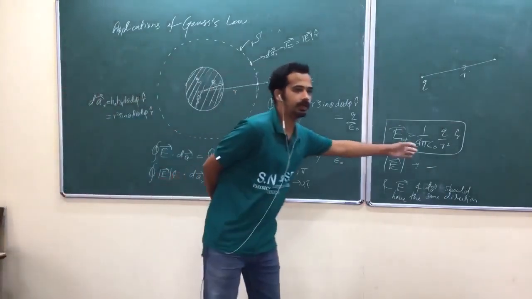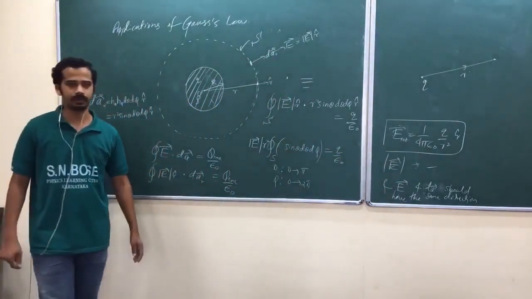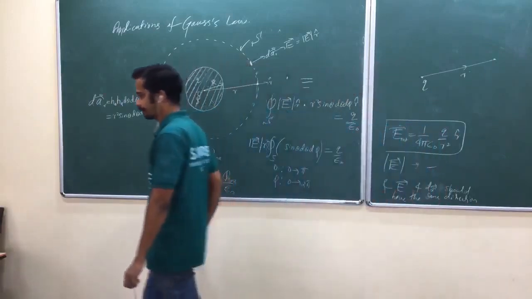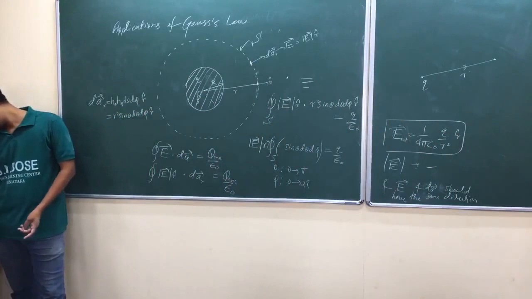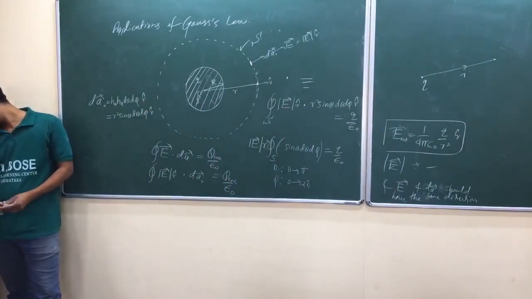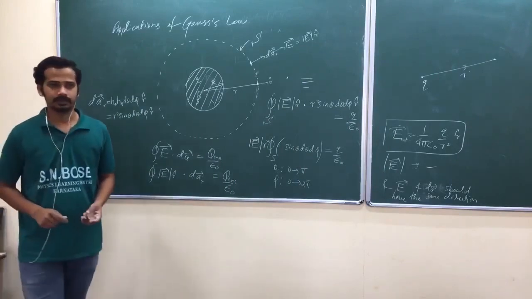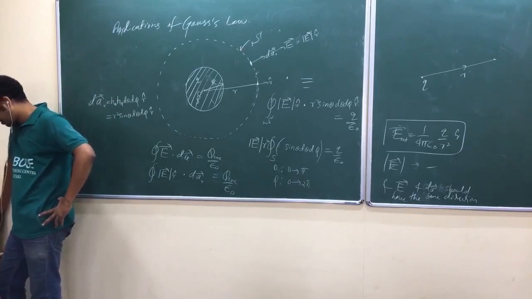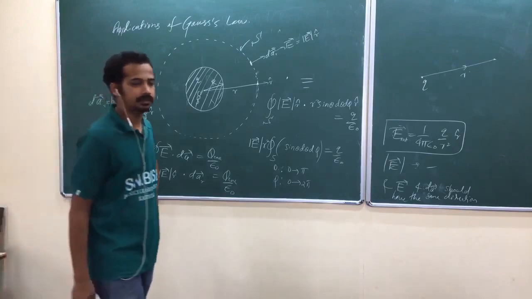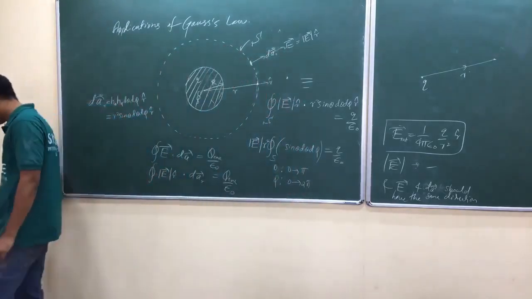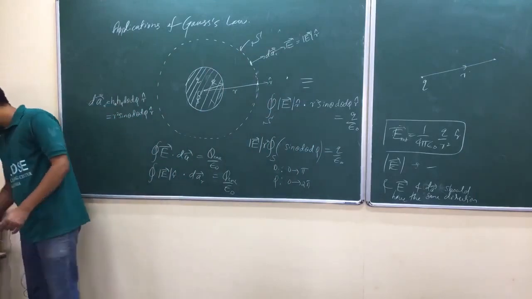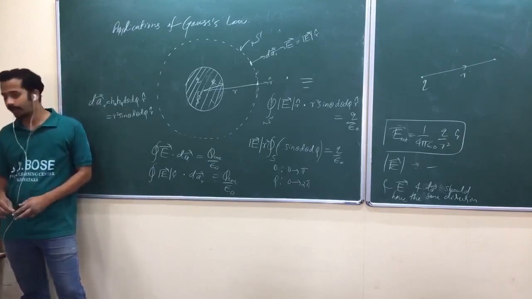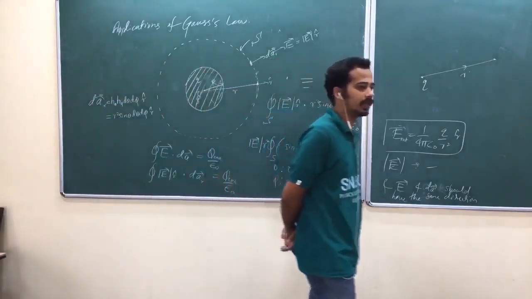The field outside a uniformly charged solid sphere is exactly the same as it would have been if all the charge had been concentrated at the center.